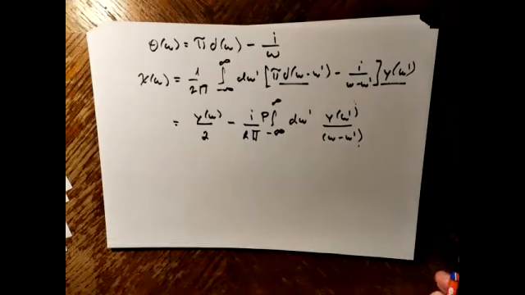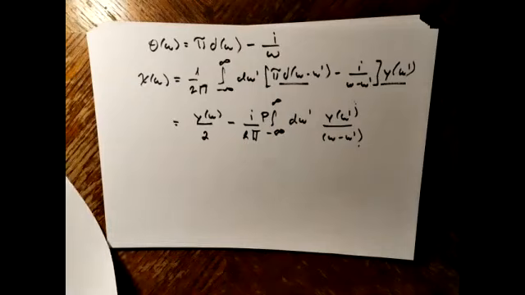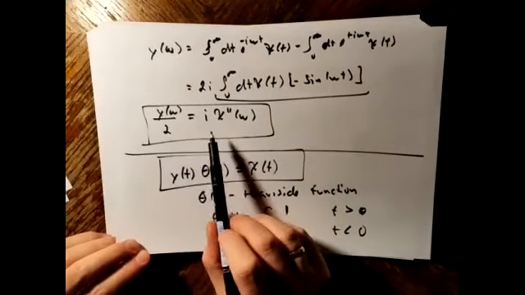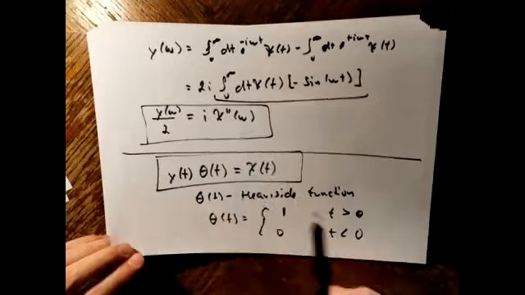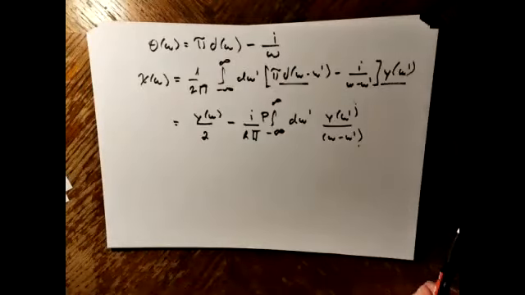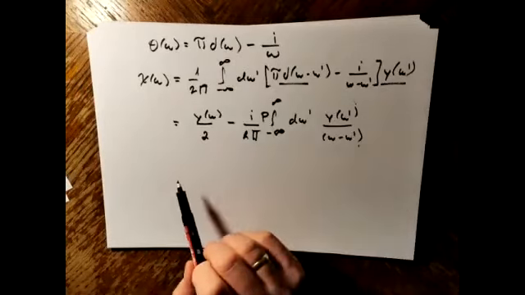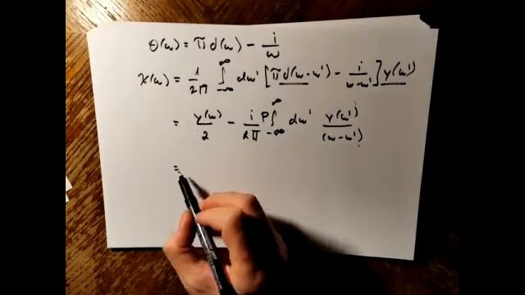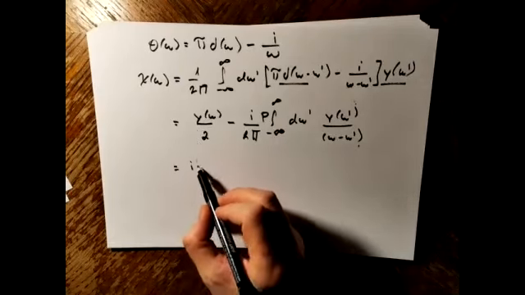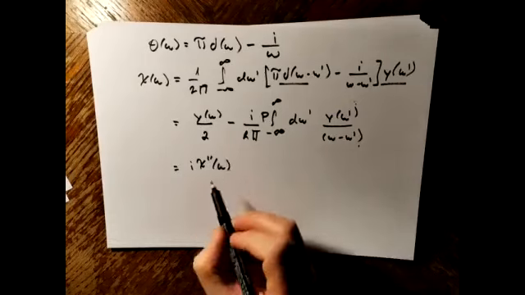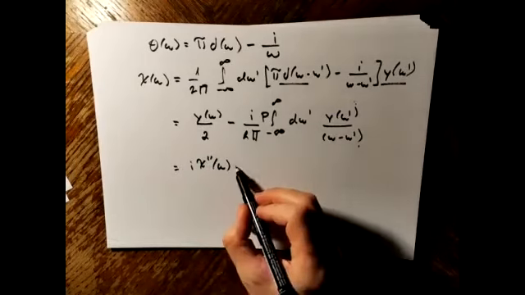Now, let me immediately use one thing. Let's use the fact that, as we derived, y(ω) over 2 is equal to iχ″(ω). So if I make that substitution here, this is iχ″(ω).